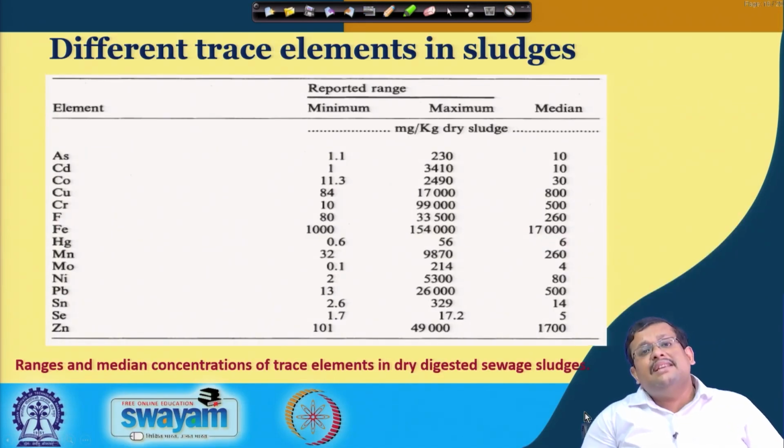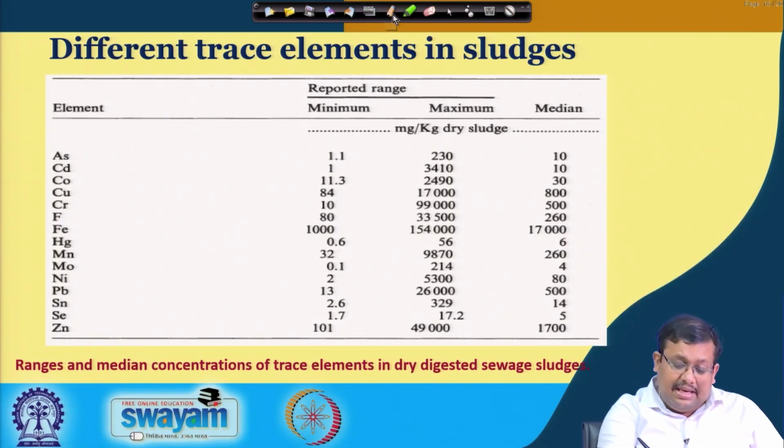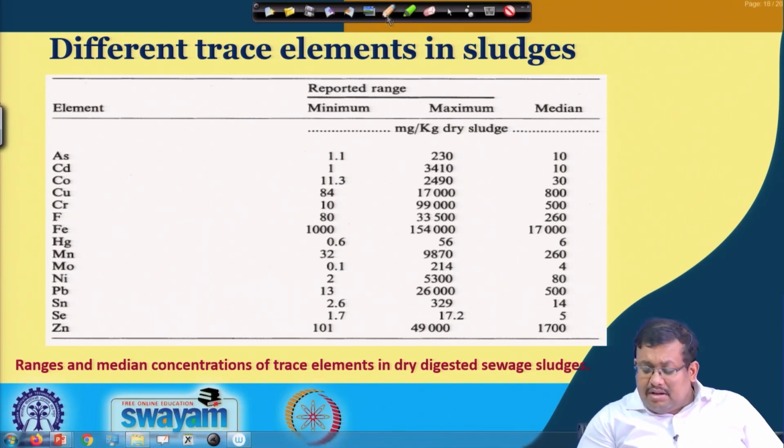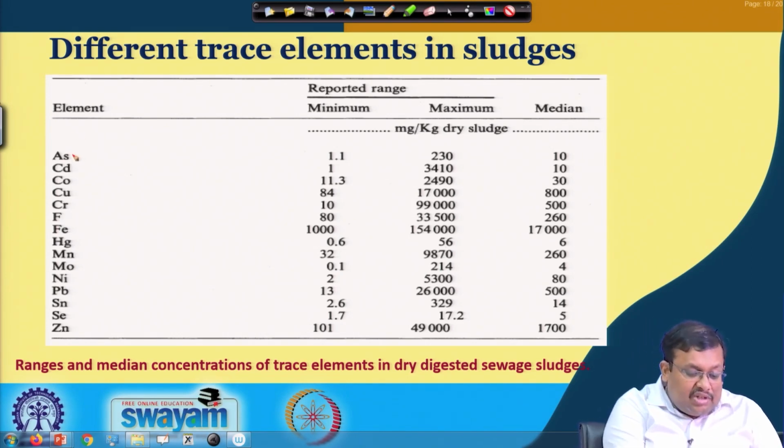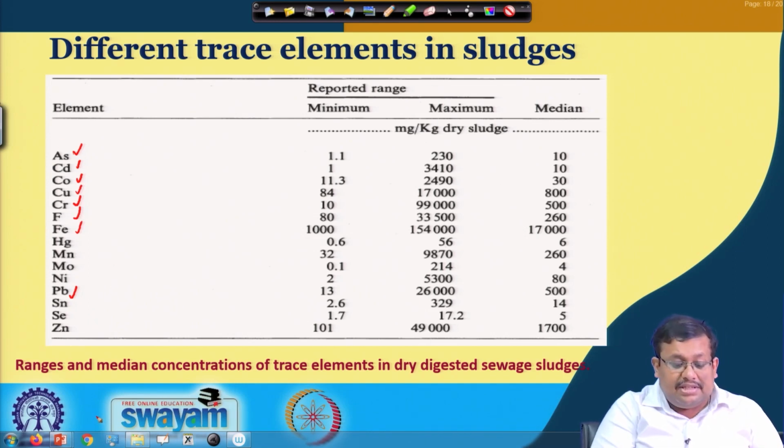So, different trace elements in the sludges, if you see here one table published by Cheney in 1983, we can see the concentration of different heavy metals and trace elements. Pb, lead, is a heavy metal. The concentrations generally show a wide range of variability.